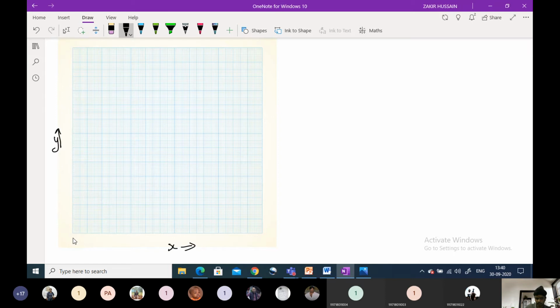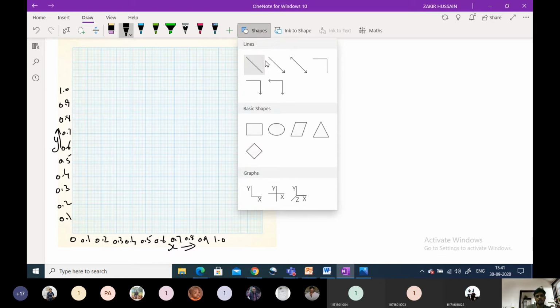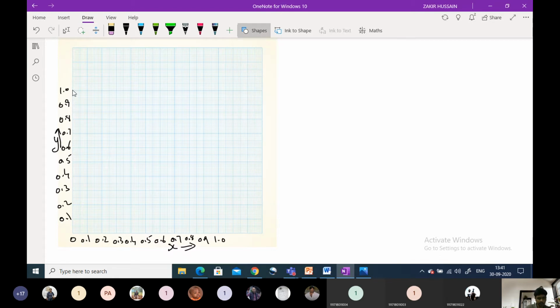Since these are mole fractions, we can take 0, 0.1, 0.2, 0.3, 0.4, 0.5, 0.6, 0.7, 0.8, 0.9, 1.0 on both axes. Then we have to just draw the lines.